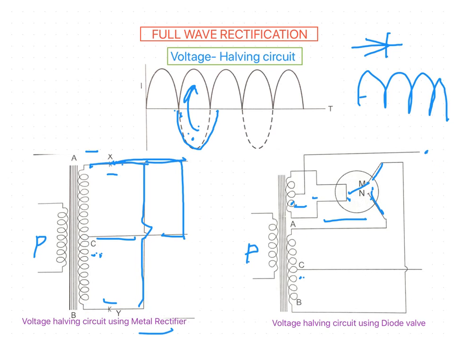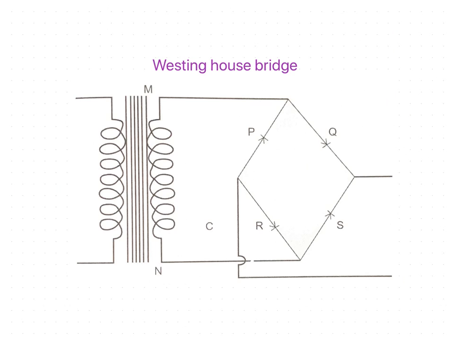By using the Westinghouse Bridge, we can see the Westinghouse Bridge. So this is another circuit which is used to get full wave rectification. Okay, in this circuit, as we know, this is a primary coil and this one is the secondary coil.